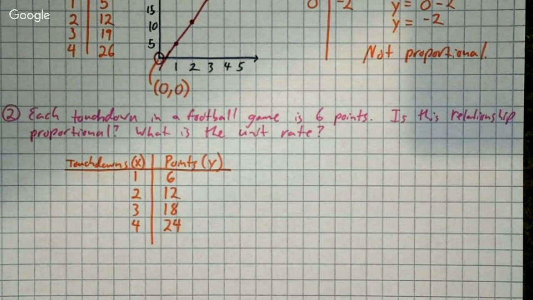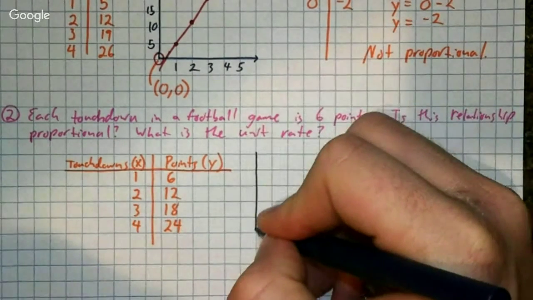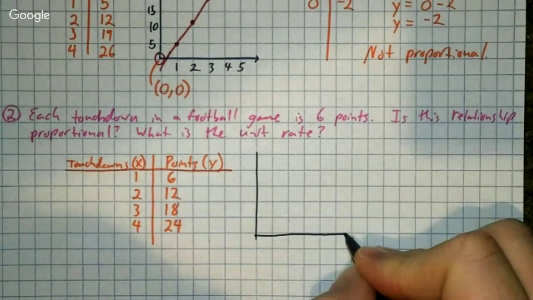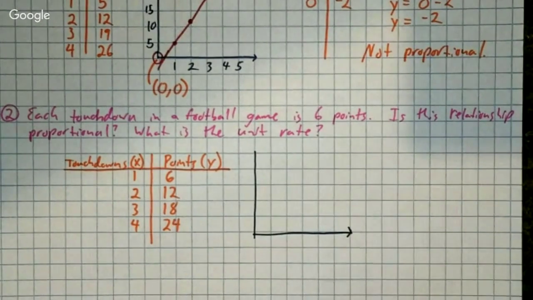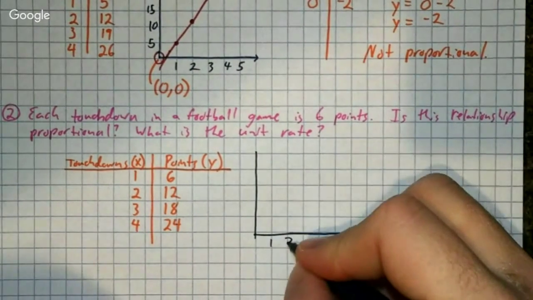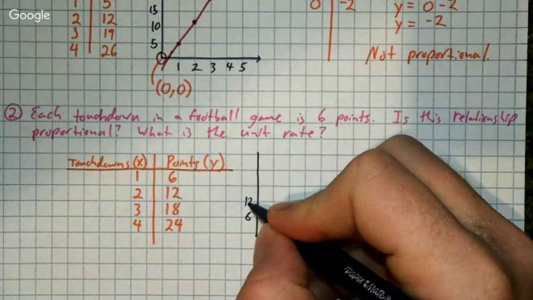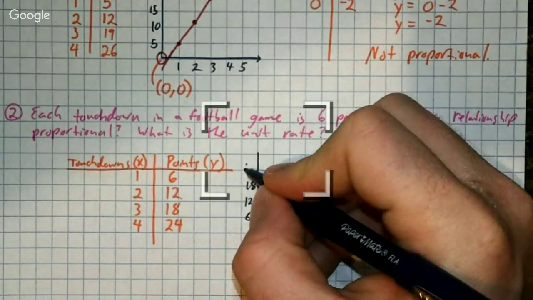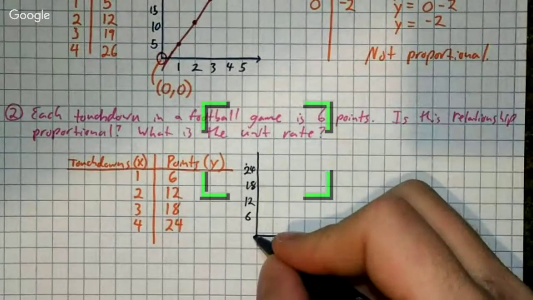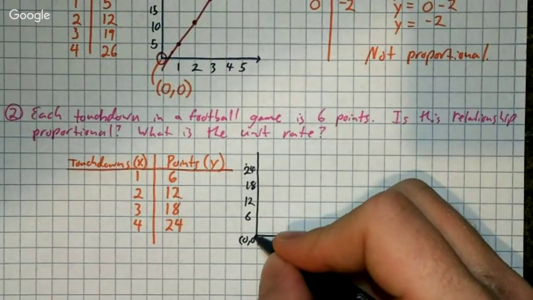So now let's take our ordered pairs and let's go ahead and put them onto a graph. On the bottom here, I'll just say 1, 2, 3, 4. On the top, we'll count by sixes, 6, 12, 18, 24. And remember that this is our origin of 0, 0.